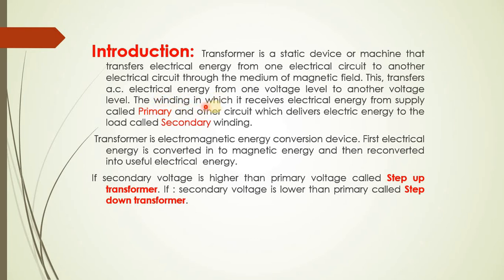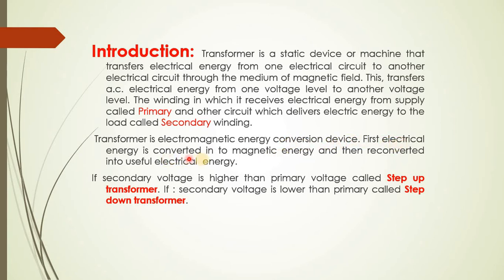The winding which receives the electrical energy from the supply is called the primary winding, whereas the other winding which delivers the electrical energy to the load is called the secondary winding. The transformer is an electromagnetic energy conversion device.